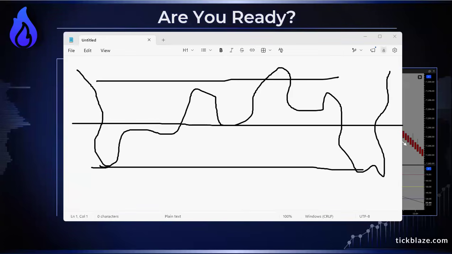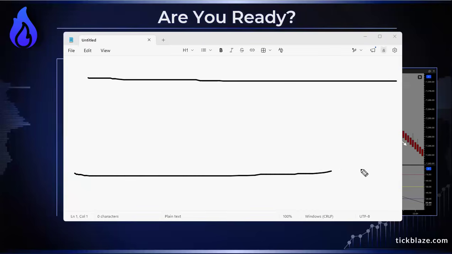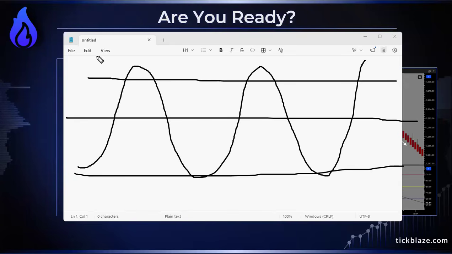Okay. Well, let's just go back to understanding indicators are a tool that are used to tell us something about price. And a lot of times there's overbought and oversold levels, right?